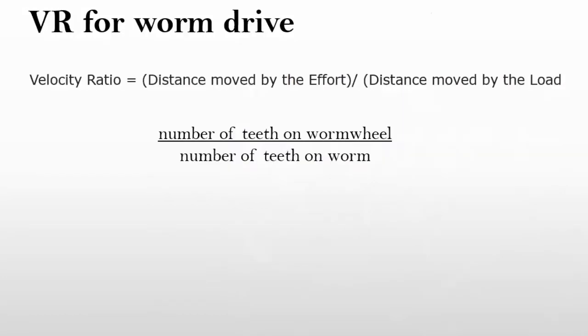For a worm drive, the velocity ratio is given by the number of teeth on the worm wheel divided by the number of teeth on the worm. This is the velocity ratio for a worm drive.